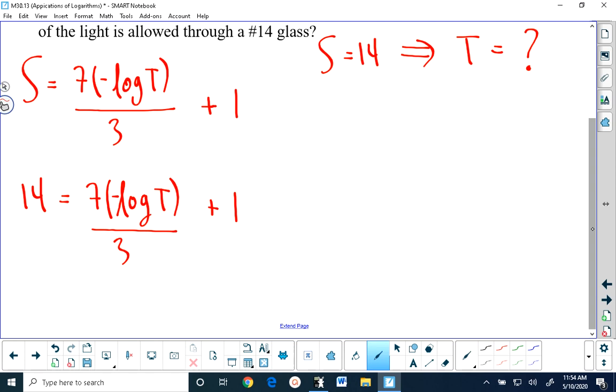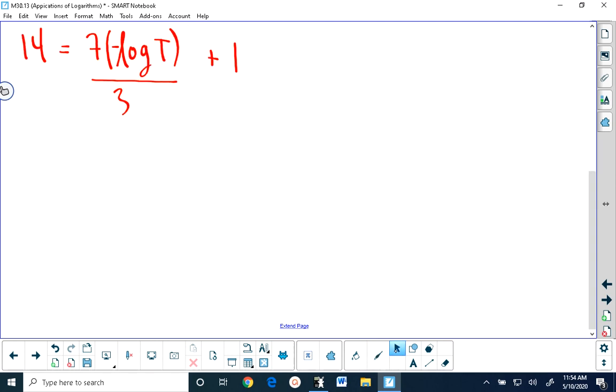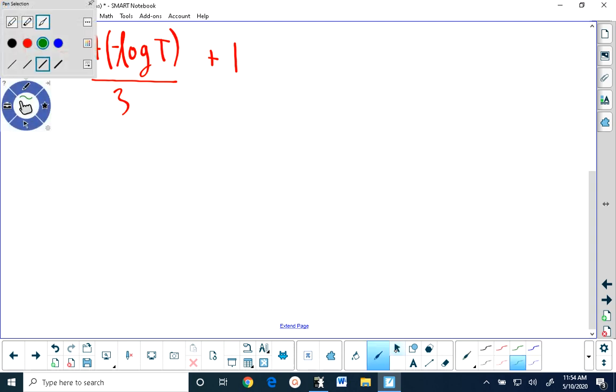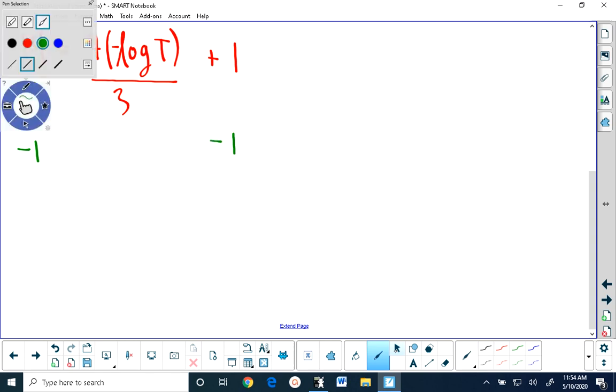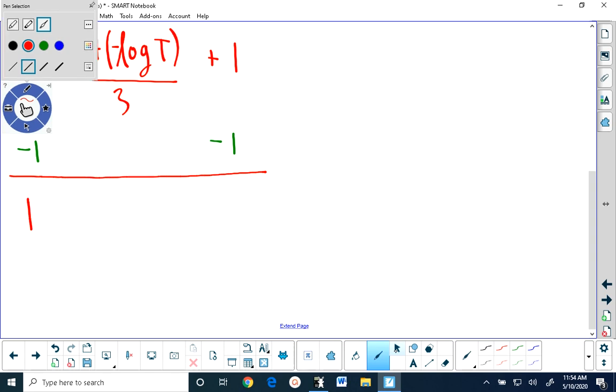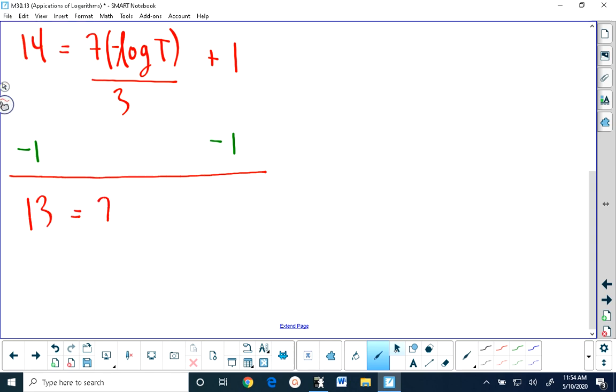So when we start to rearrange this equation, the first thing we are going to have to do is get rid of that 1. We are going to have to subtract 1 from both sides. That's going to give us 13 equals 7 multiplied by the negative log of T over 3.